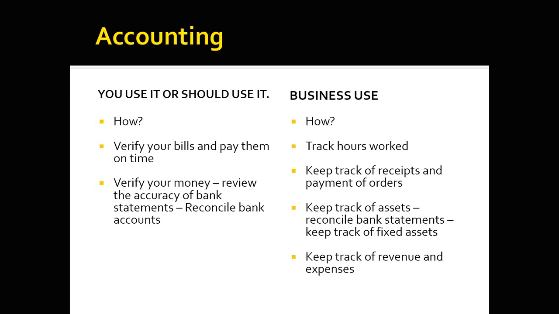So if an employee works from home, for example, and is allowed to use a laptop computer that is owned by the business, they are going to want to keep track of that so they do not lose that computer. They're going to keep track of their revenue and expenses. Very important. We'll talk about that later.